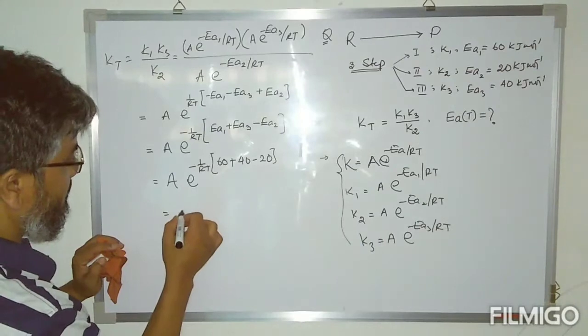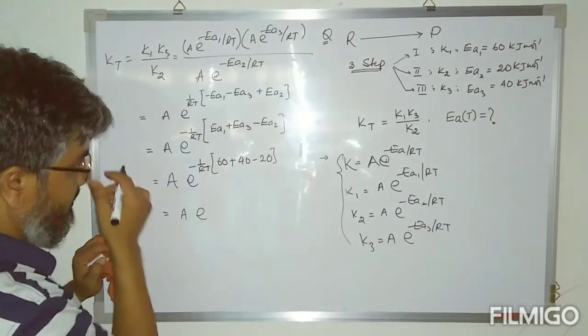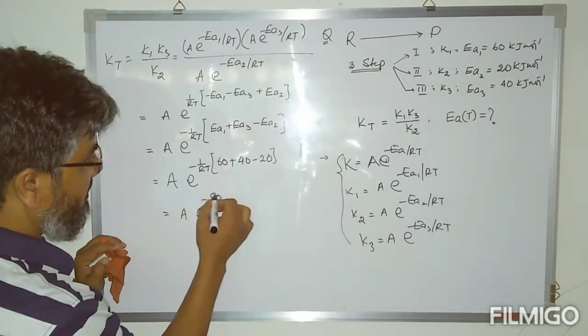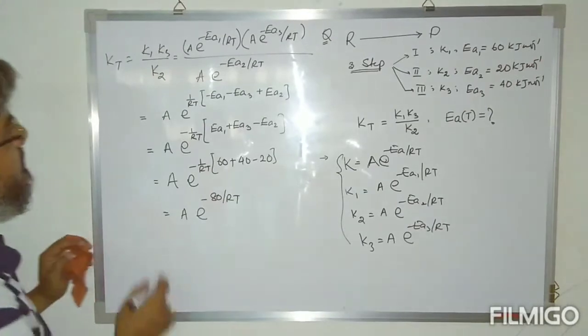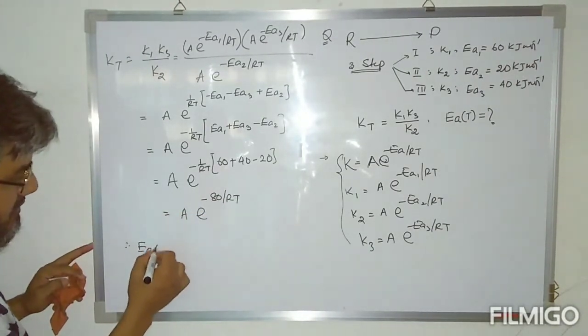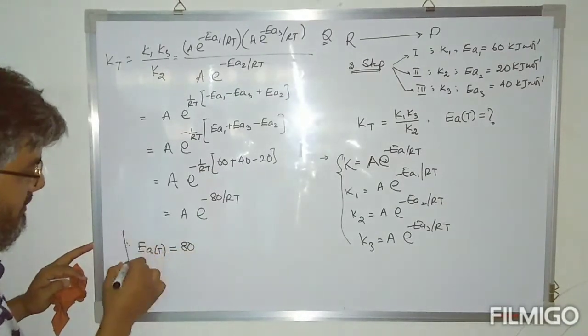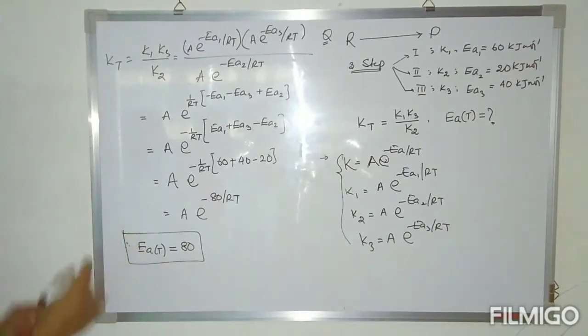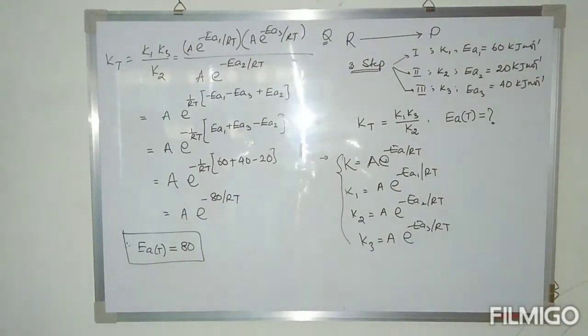So 100 minus 20, minus 80 by RT. Therefore, the total activation energy of the reaction is equal to 80. This is how we use the Arrhenius equation for solving this type of question. So this is one of the questions.